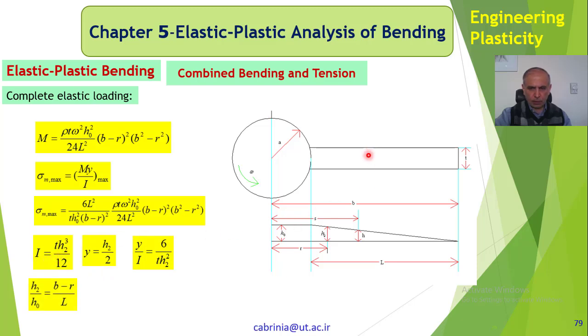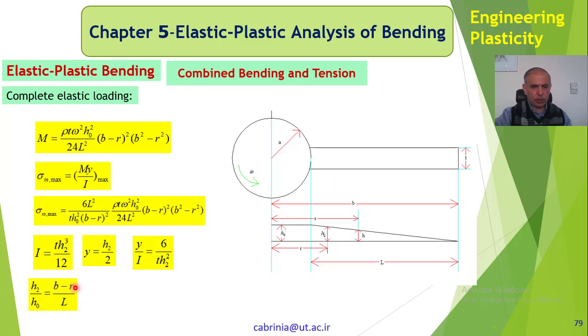For I, because h2 is a rectangular cross section, I get t h2 cubed over 12, and for the rectangular cross section y is equal to h2 over 2. So in here y over I is this, so I substitute for M, y, and I in here.